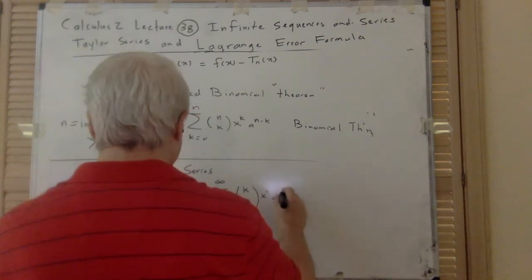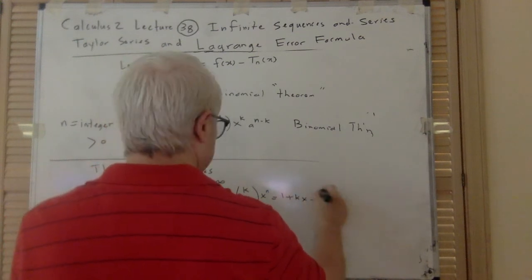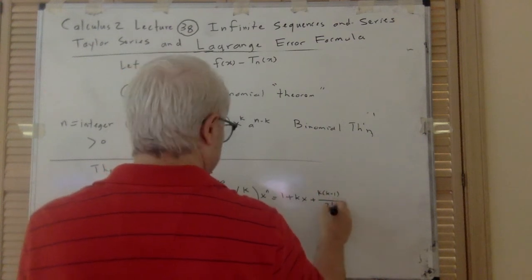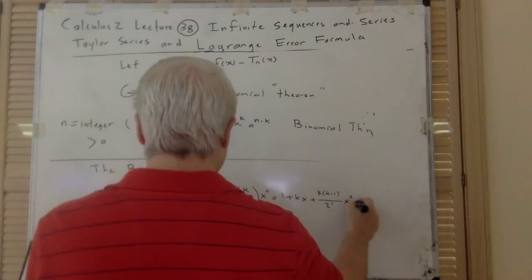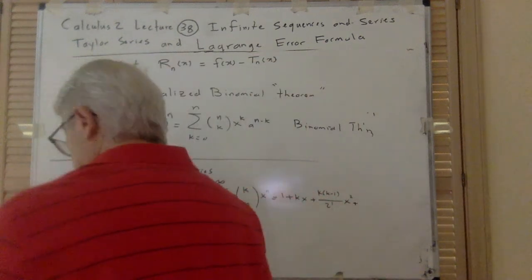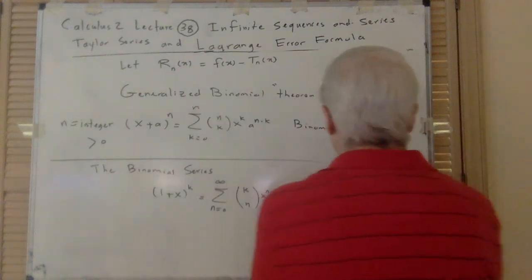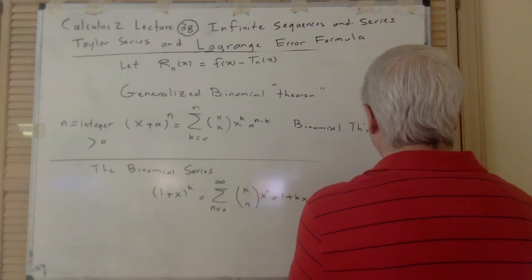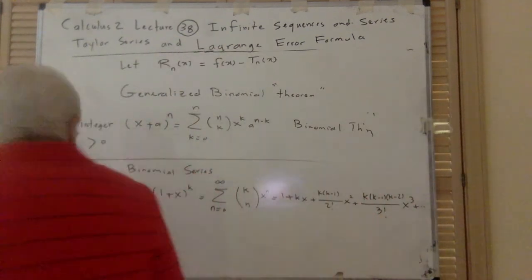Now what is this? It is 1 plus kx plus k times (k minus 1) over 2 factorial x squared plus k times (k minus 1) times (k minus 2) over 3 factorial x cubed.